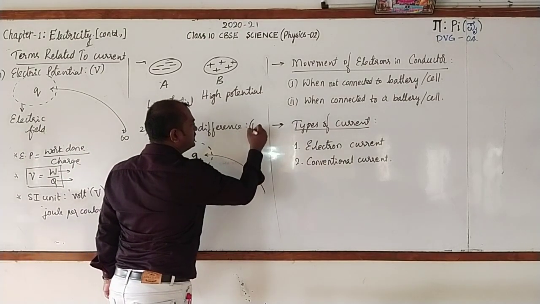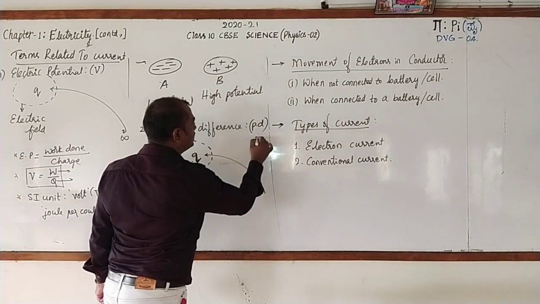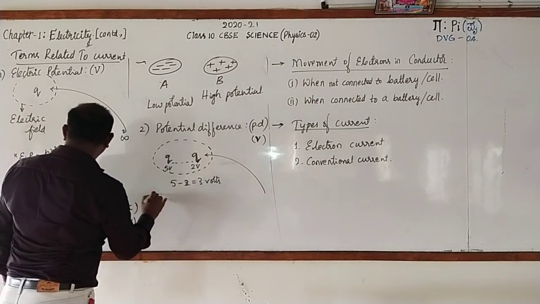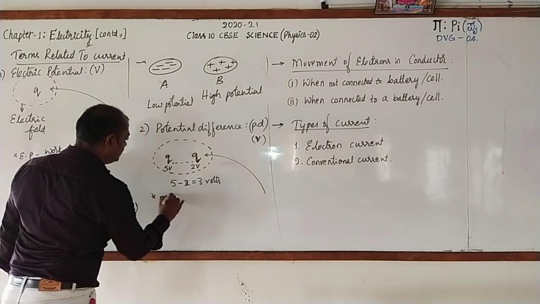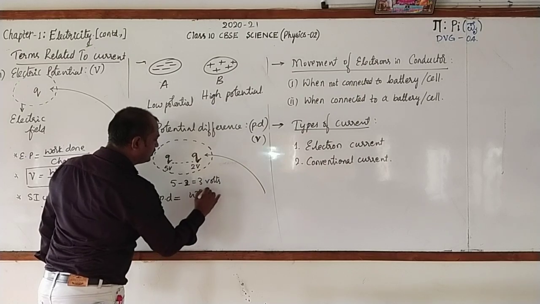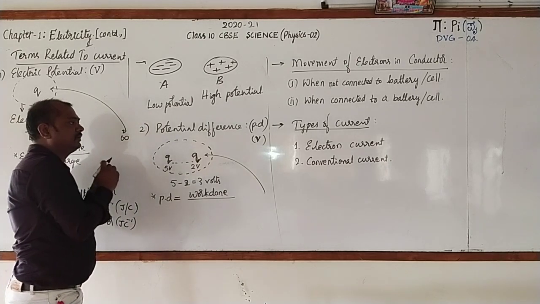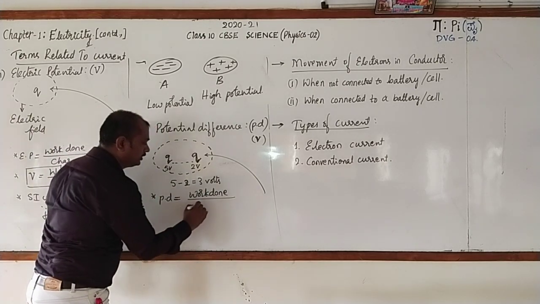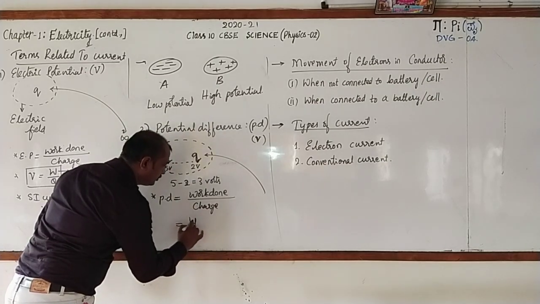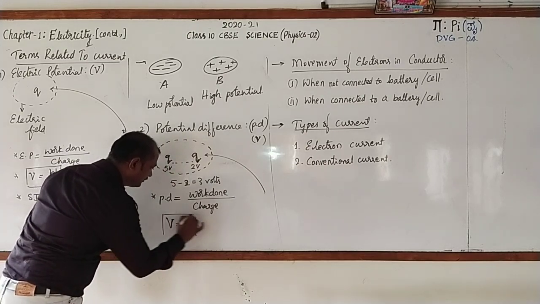Potential difference is abbreviated as PD, and the symbolic representation is also capital V. The formula we use to find potential difference is again the same: work done in moving the charge from one point to another in an electric field, divided by the charge. So W by Q, potential difference V, same formula.